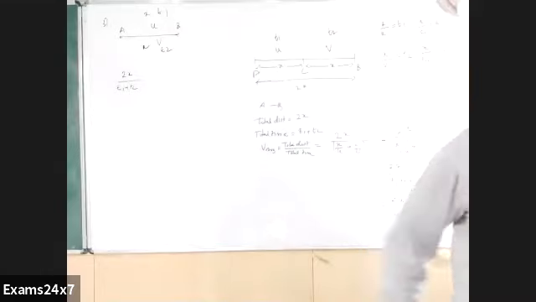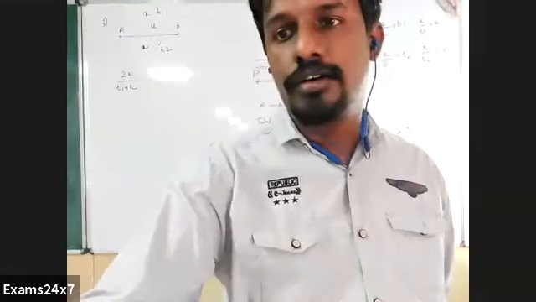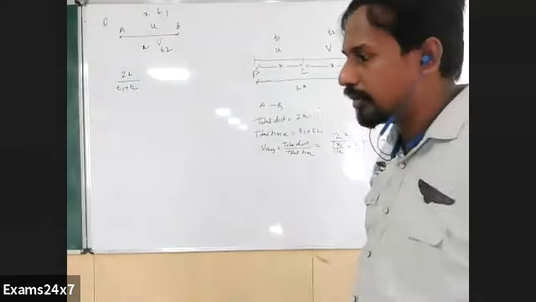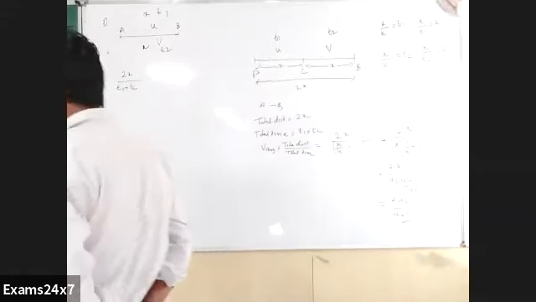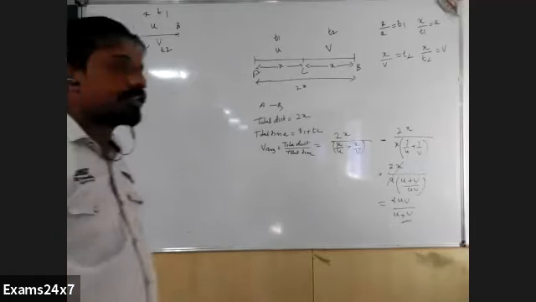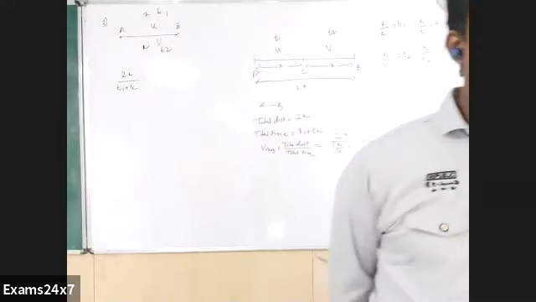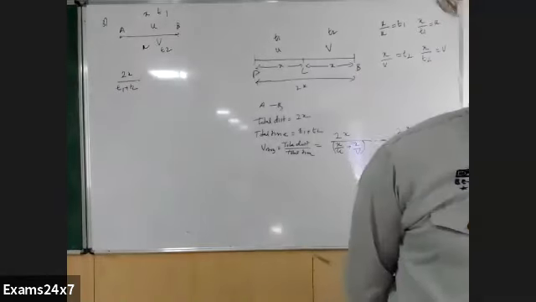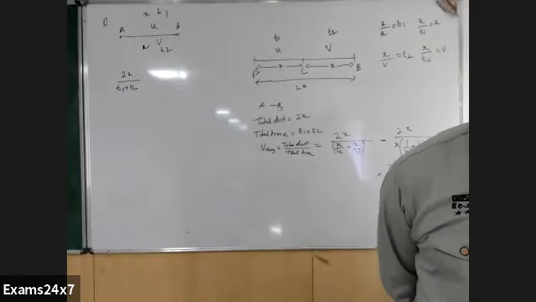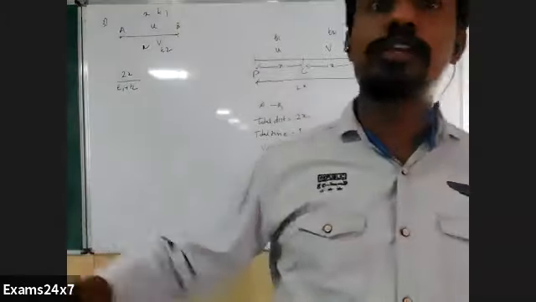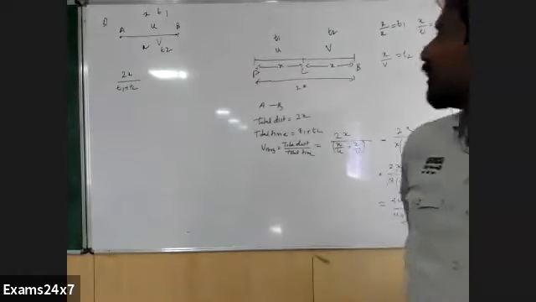An object travels from point A to another point B, which is at a distance or displacement 2x from A. Since it is motion in one dimension, distance covered along a straight line is equal to displacement if it is moving in one direction. Full stop.